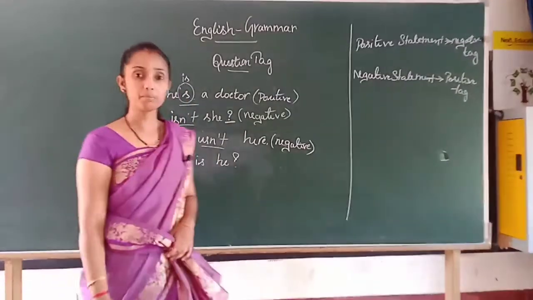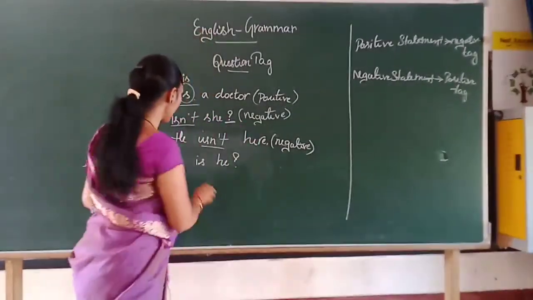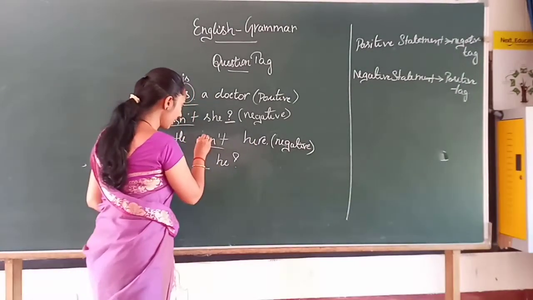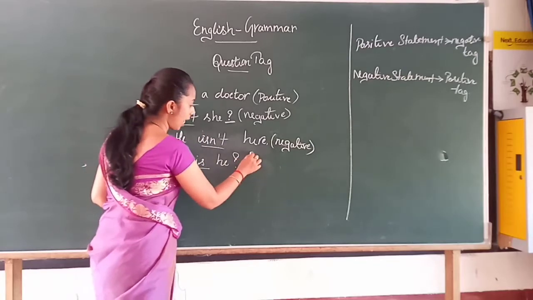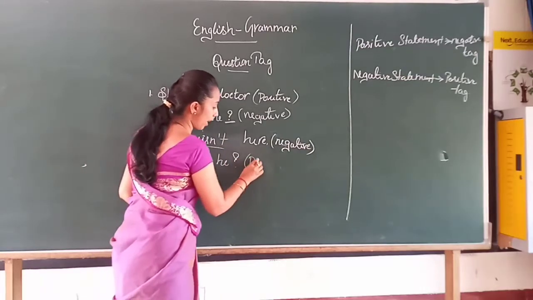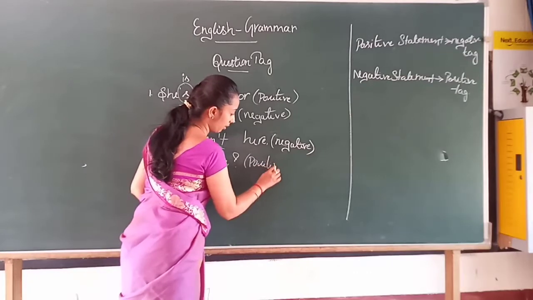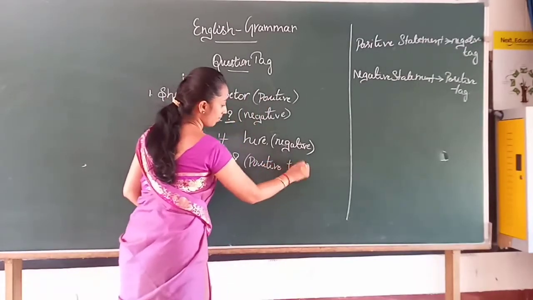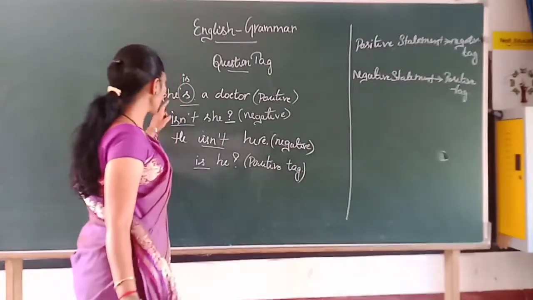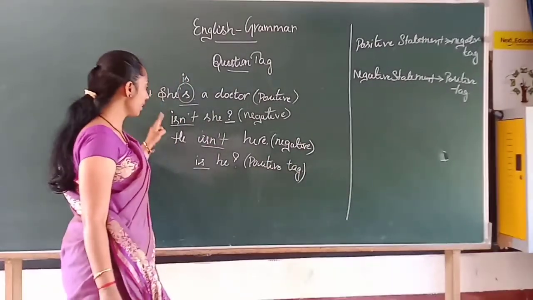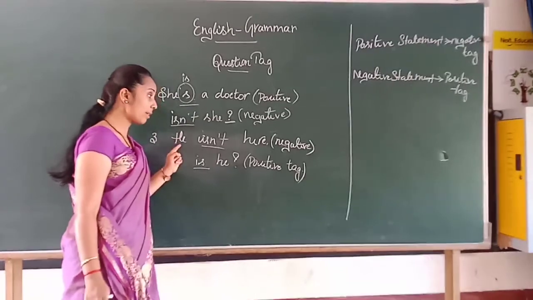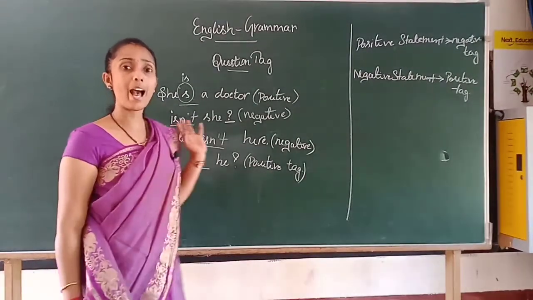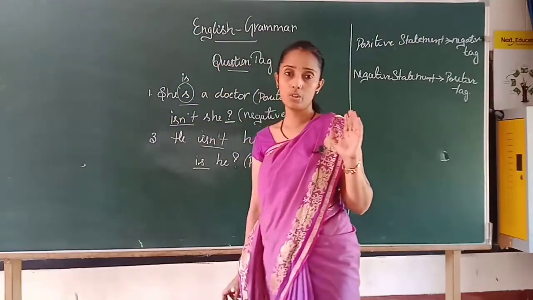Is he? That is a question tag. See, this is a negative statement, so your answer, this isn't will become is he, and this is a positive tag. Clear? Positive statement, negative tag; negative statement, positive tag. This is simple. Question tag is as simple as you try.